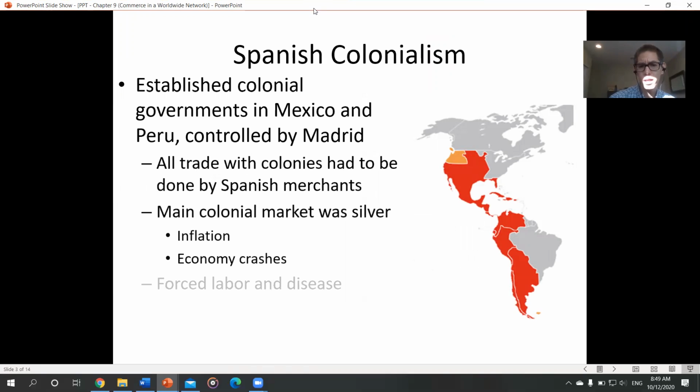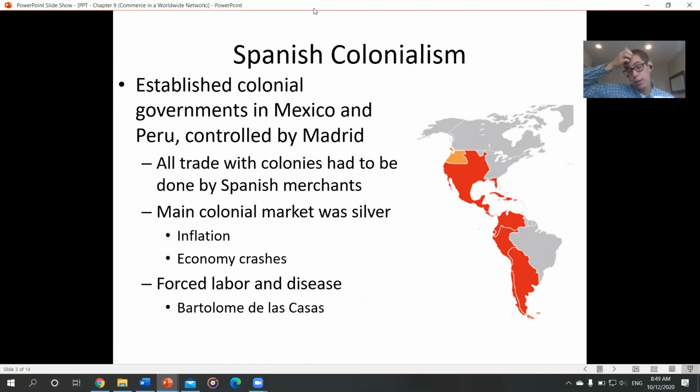So briefly talking about each country's colonies, and we touched on this a little bit back in chapter 3, I think. For Spain, by the 1600s, they've got this massive swath in Mexico, Central America, Latin America, and they had two main colonial governments, one in Mexico City, essentially, and then one down in Peru.